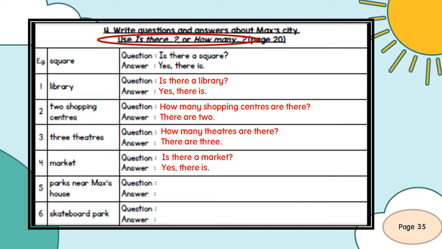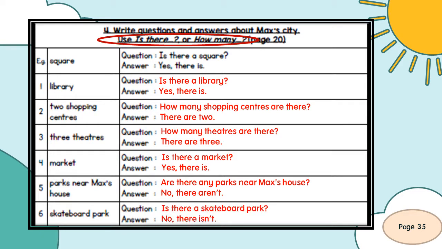Yes, there is. Number 5. Parks near Mac's house. Are there any parks near Mac's house? No, there aren't. Number 6. Skateboard park. Is there a skateboard park? No, there isn't.